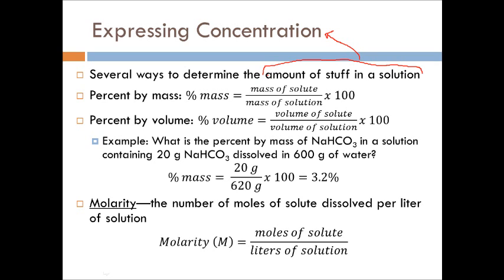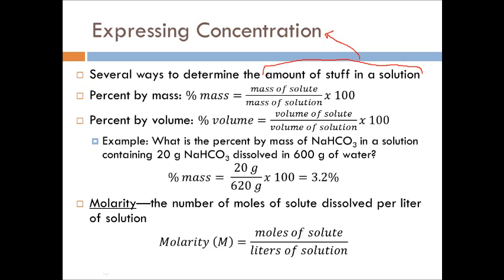And we have basically 4 ways to describe that. The first is percent by mass or percent by volume. The same idea. If we do percent by mass, it's the mass of the solute divided by the mass of the solution times 100. Volume is the same idea, except instead of mass, you use volume. So percent volume equals the volume of the solute over the volume of the solution times 100.